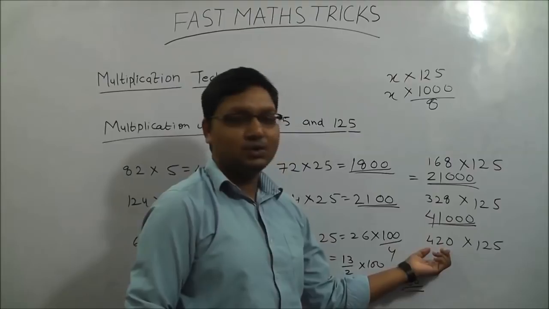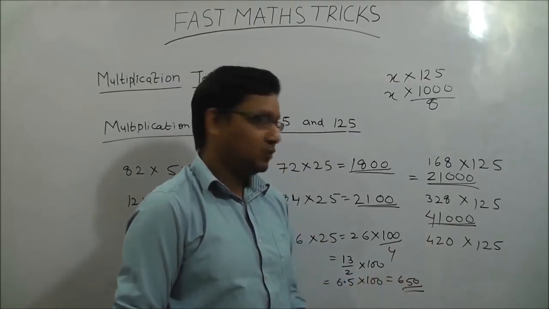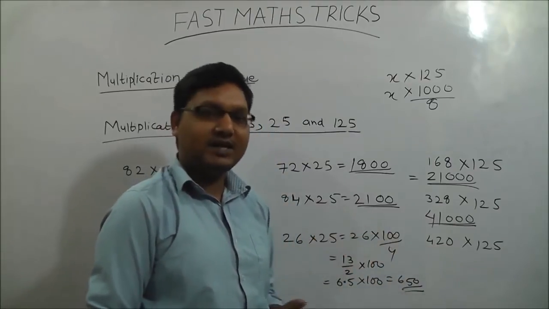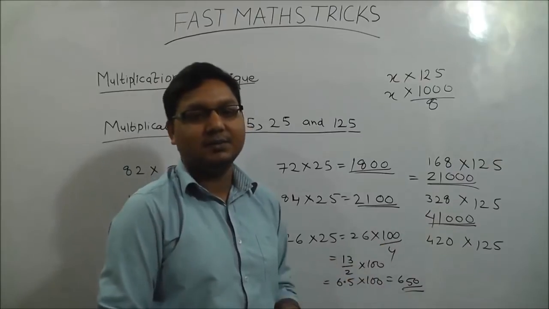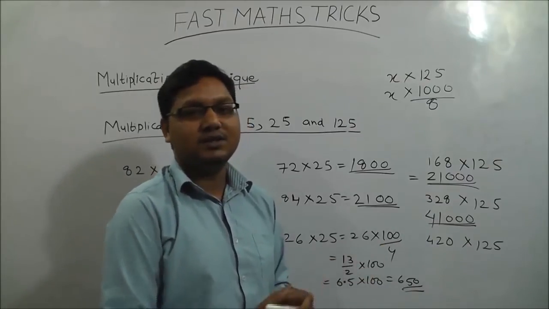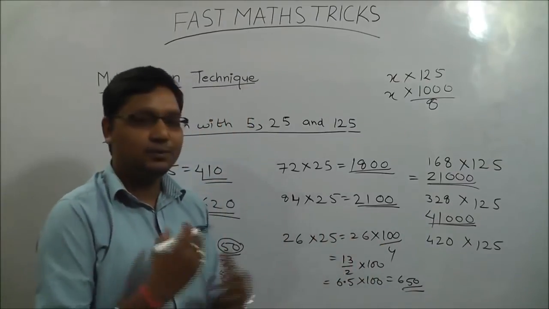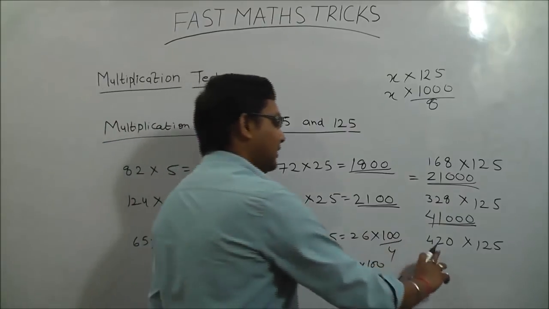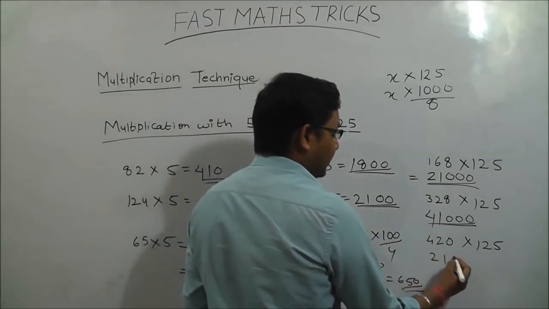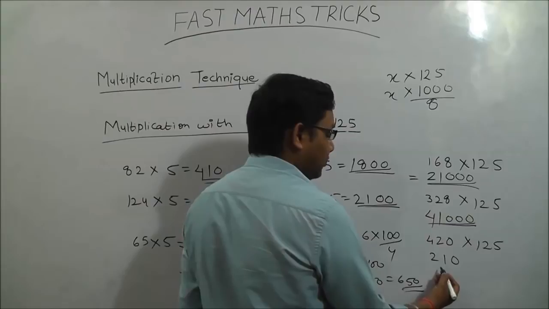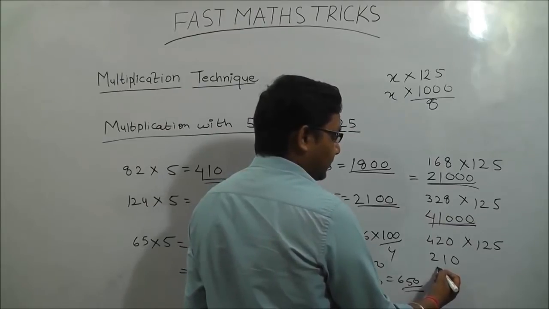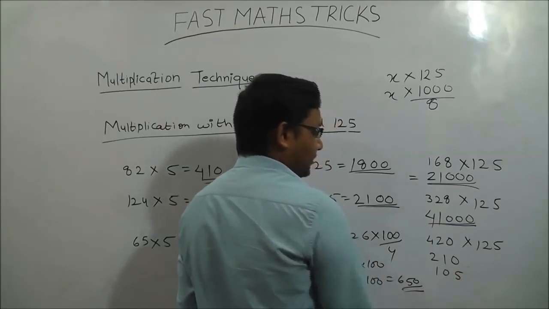And again 420 into 125. Suppose, so this is not a multiple of 8. So what to do? Divide 3 times by 2. Dividing any number 3 times by 2 means dividing it by 8 and then put 3 zeros. So dividing it by 2, how much will you get? 210. And again dividing it by 2, how much will you get? 105. Okay.